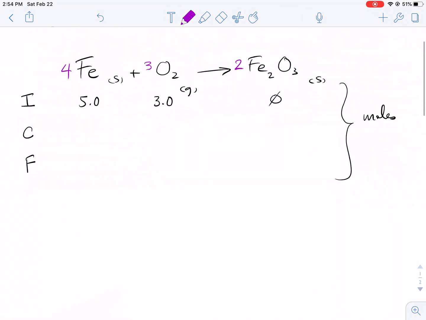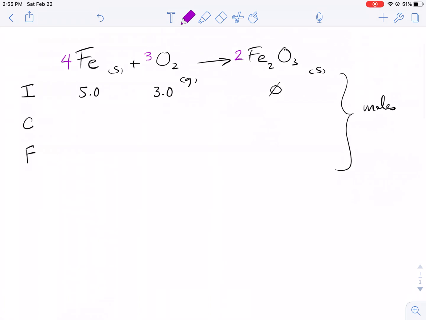In my previous video dealing with the ICF table and solution stoichiometry, I explained the use of these factors or multipliers for conversion factors between a particular component of a reaction related to another component.